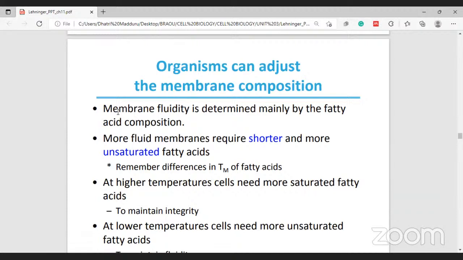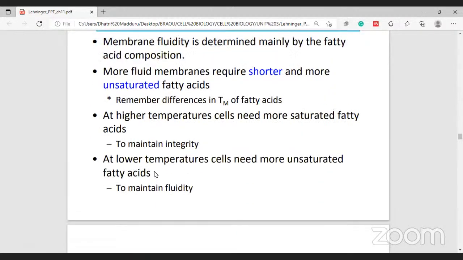At lower temperature, cells need more unsaturated fatty acids. That means at lower temperature we need more fluidity, whereas at higher temperature, to pack tightly and maintain integrity, we need saturated fatty acids.